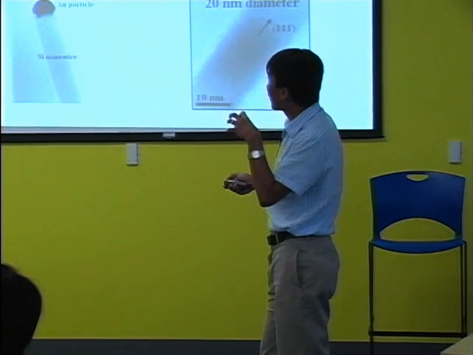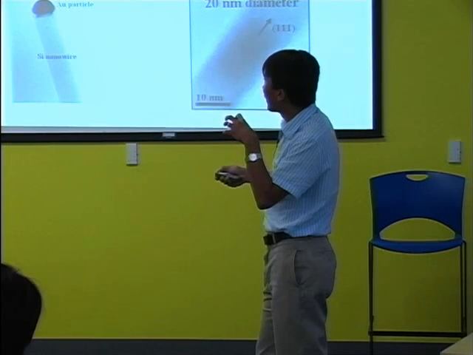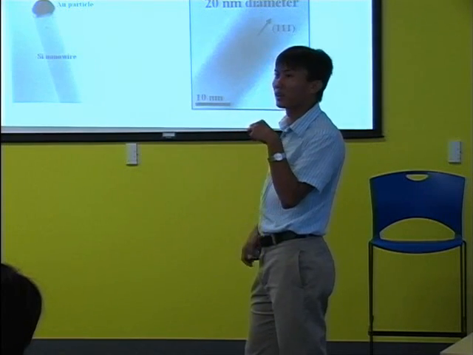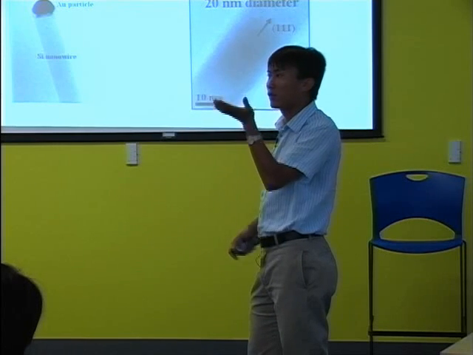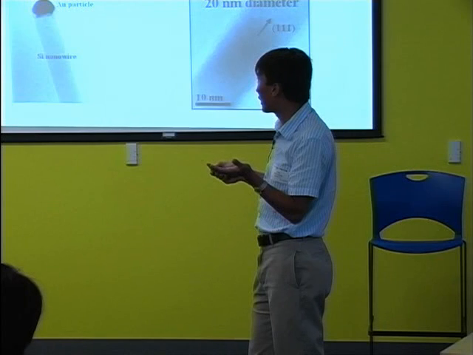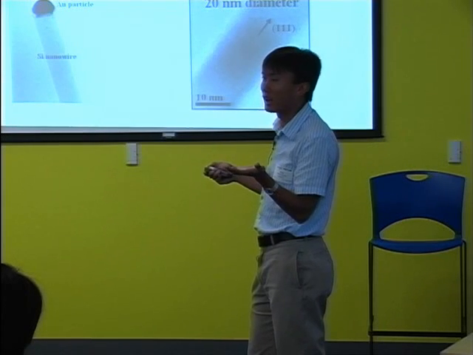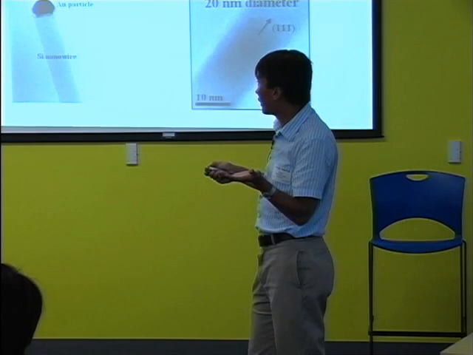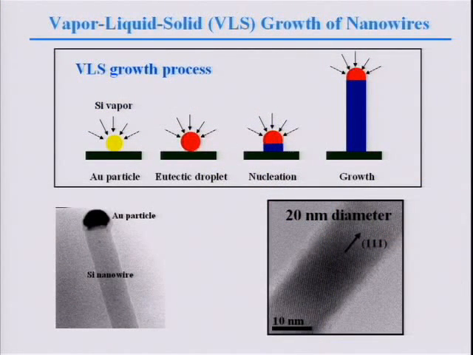For example, if you want to grow silicon nanowires, you take gold nanoparticles, heat them above, say, 400 degrees C, and pass over silicon precursors, which could be silane. These precursors decompose and deposit into the gold nanoparticles.